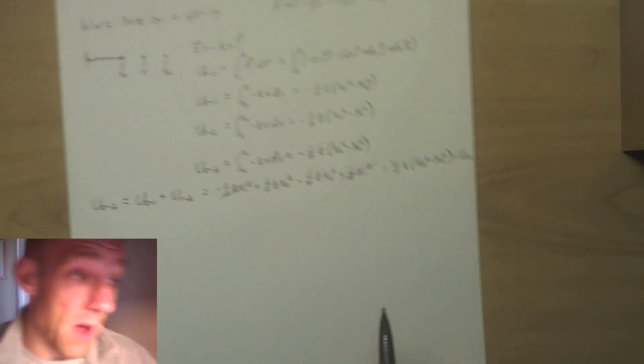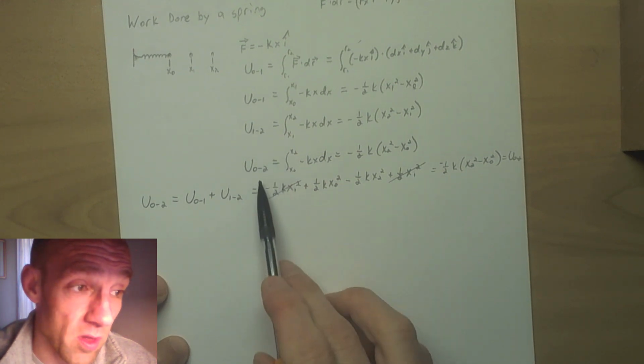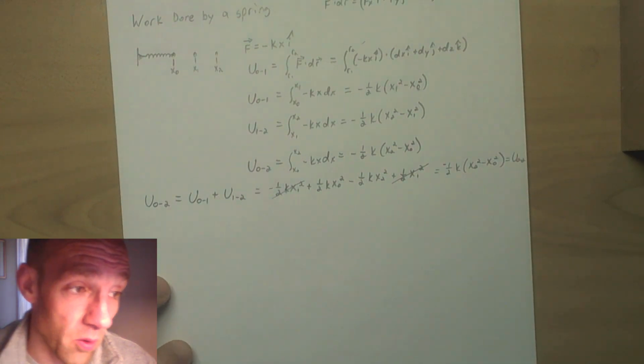All right. So bottom line is the work done from 0 to 1 plus the work done from 1 to 2 is equal to the total work done from 0 to 2.